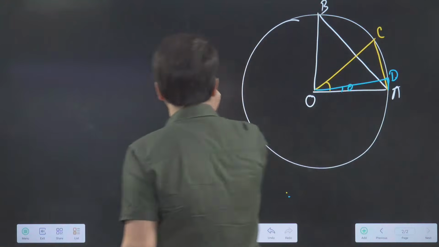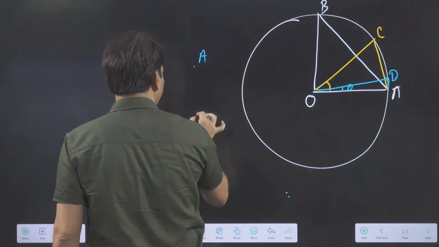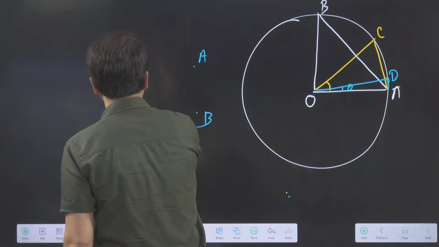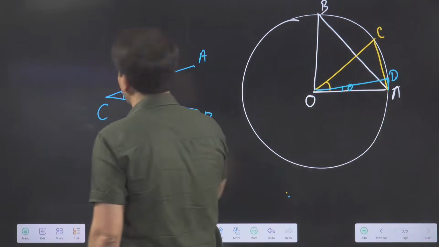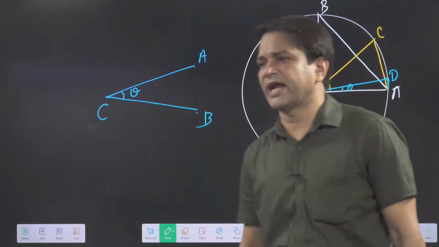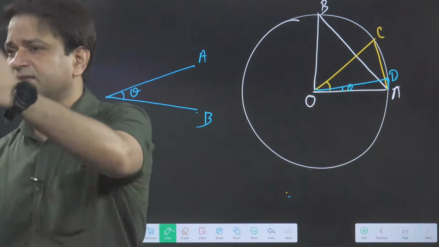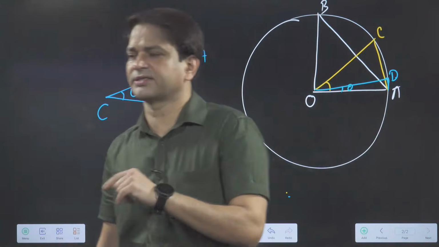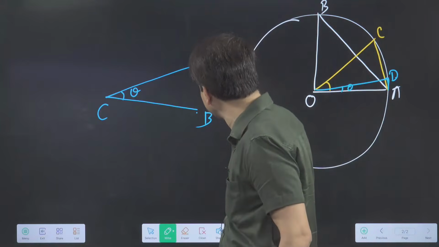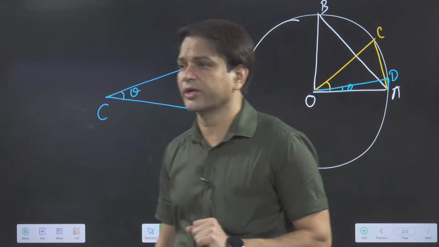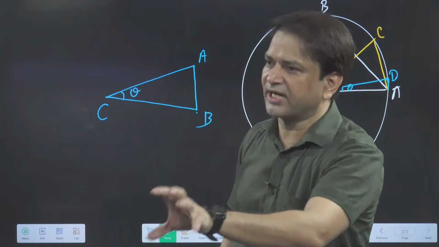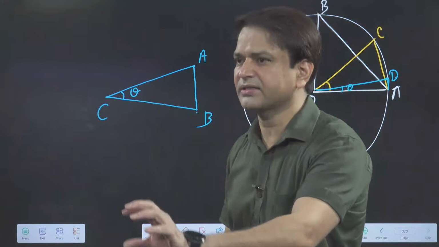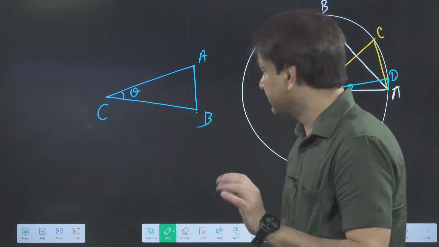Like suppose I take A, B, and they make a small angle at C. Then the distance between A and B basically means like this. But when the angle is small, arc length and straight length will be the same.